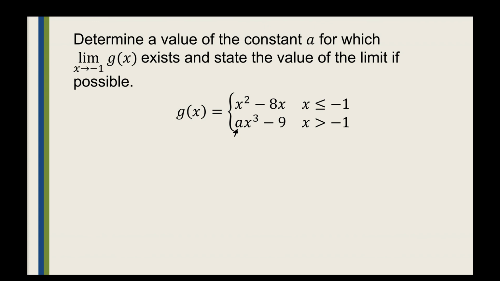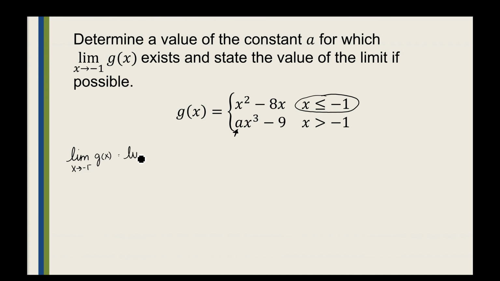So remember, in order for this limit to exist, we need the one-sided limits to exist and to agree with one another. So we can start by finding the limit as x approaches -1 of g of x from the left. And if we're approaching from the left, we're coming from values that are less than or equal to -1.